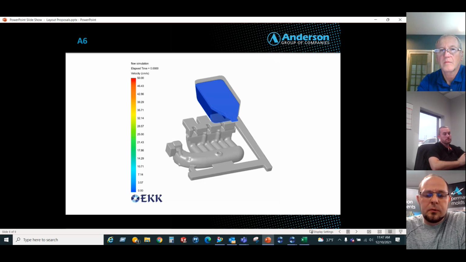We can do development of the layout for pretty much any of these processes. Yes. For customers listening in or watching here, we've built all of those types of tools here at Anderson over the years and have plenty of experience around that. Okay, so that's kind of the overview.